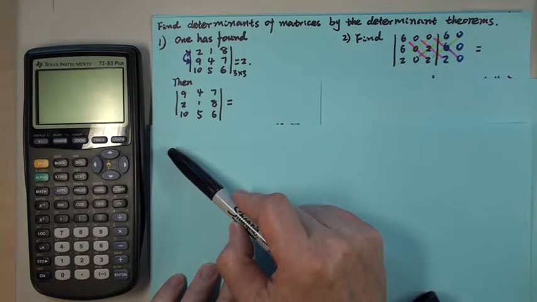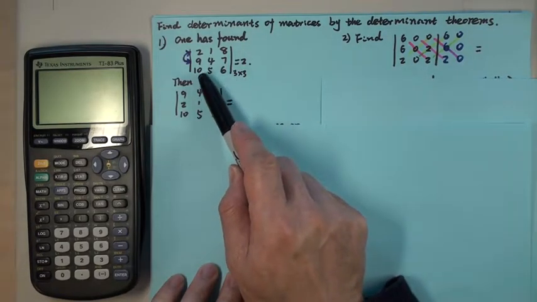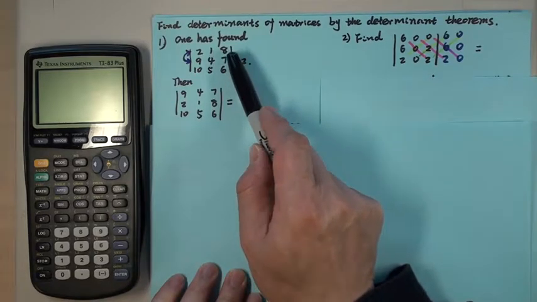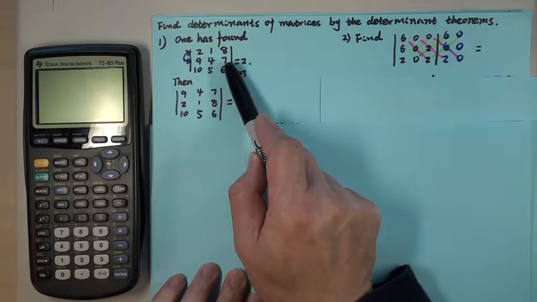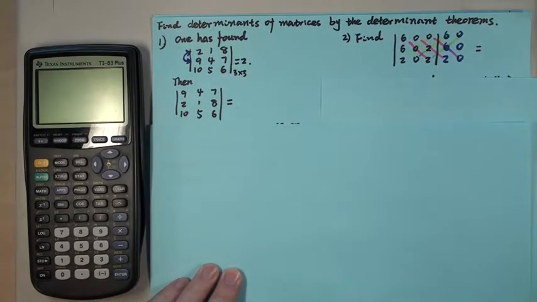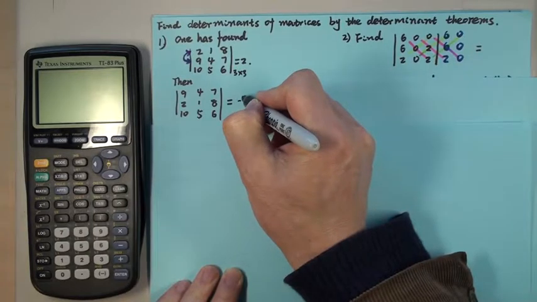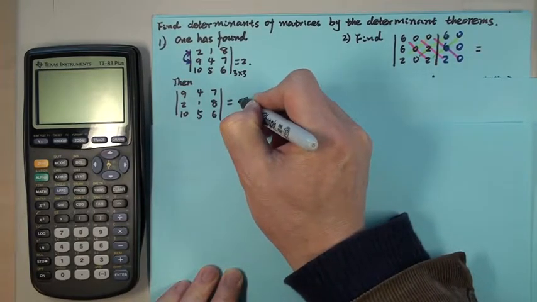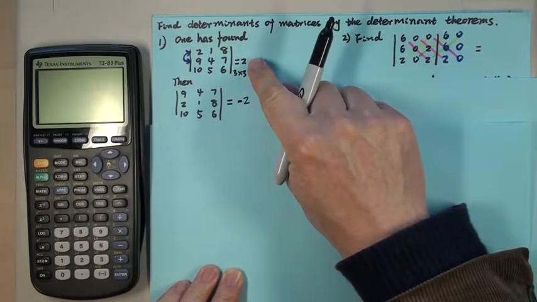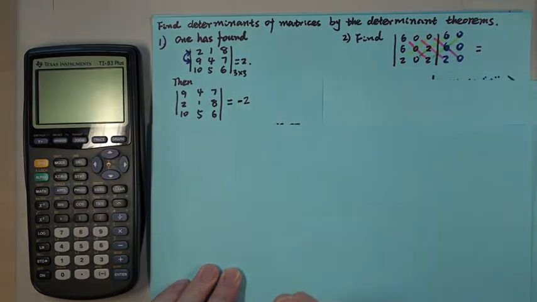So if the first row and the second row are exchanged, then we can immediately get just negative 2. Here it was positive, and here it will be negative.